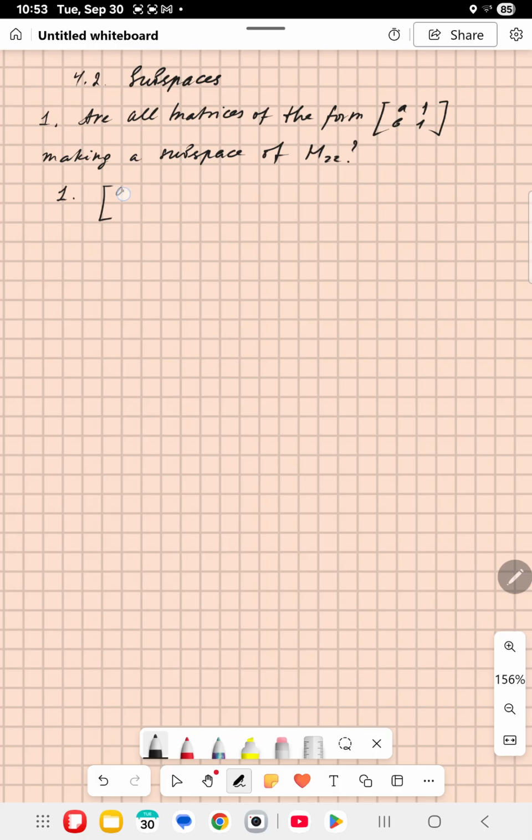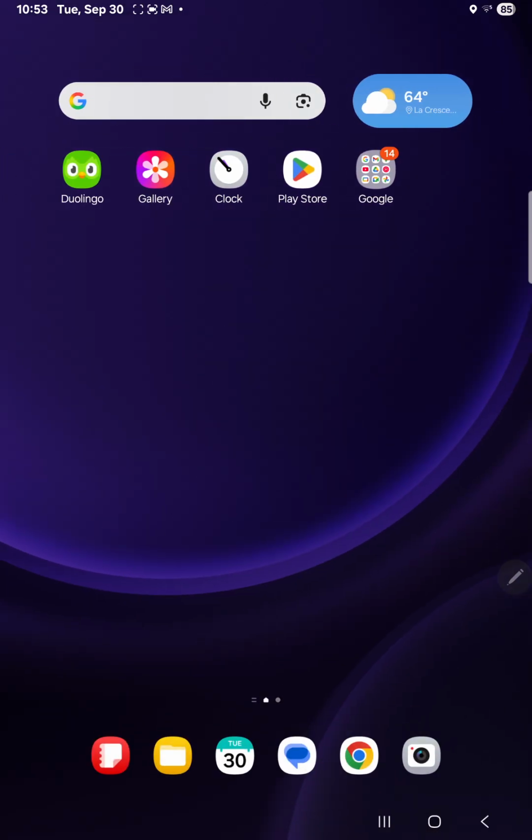So if I take the matrix [a1, 1; b1, 1] and add another matrix [a2, 1; b2, 1], what I'm going to get with standard addition is [a1 plus a2, 2; b1 plus b2, 2]. Do you see that this matrix, because it has 2 and 2 here, does not belong to that subspace? So we already checked that it's not a subspace.